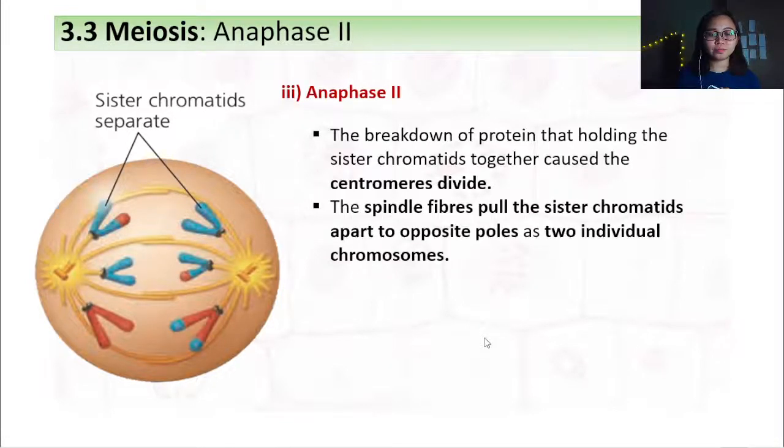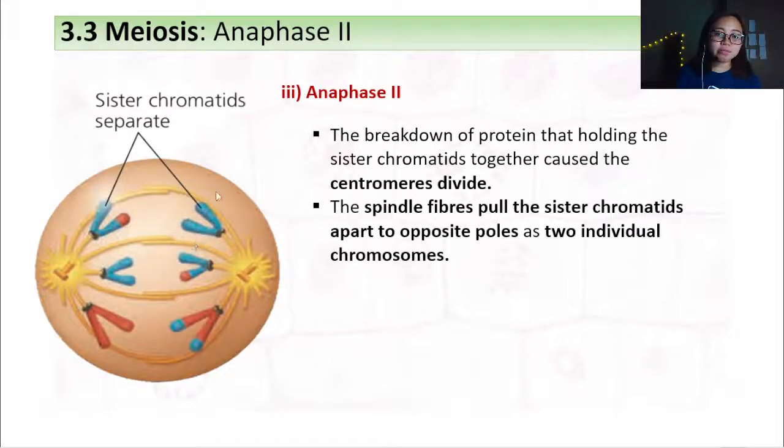Anaphase 2, you will have breakdown of protein that is holding the sister chromatids together, and this causes the centromeres to divide. The spindle fibers will pull the sister chromatids apart to opposite poles as 2 individual chromosomes. Ayat kedua ini yang penting ya. Spindle fiber mengecut atau memendek dan dia akan tarik 2 sister chromatid ke kutub yang bertentangan.